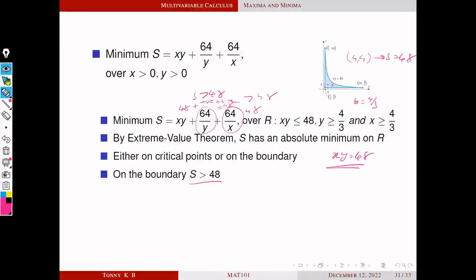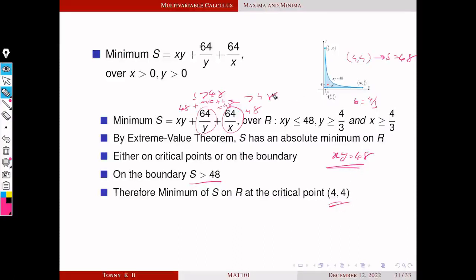So what is our guarantee? Our guarantee is the minimum of S on R is at the critical point (4, 4), because we know the absolute minimum occurs either in the interior or on the boundary. There is no chance on the boundary, so the absolute minimum is only at the critical points. We have only one critical point, which is (4, 4).